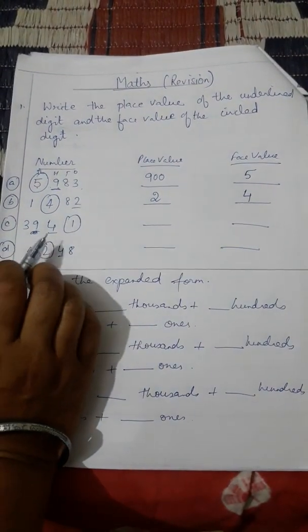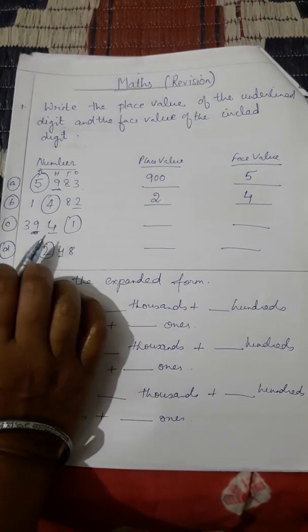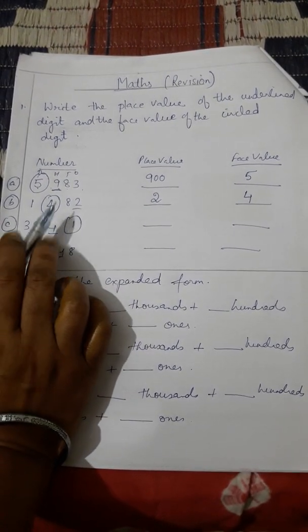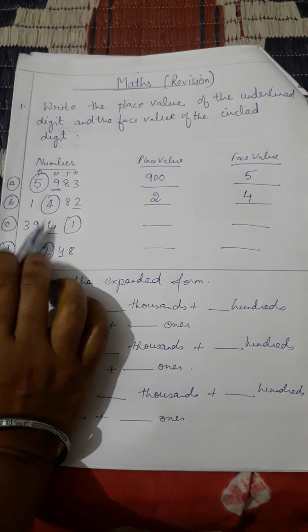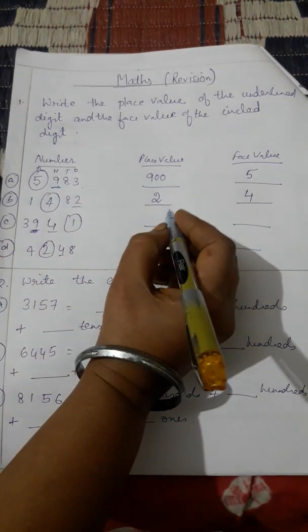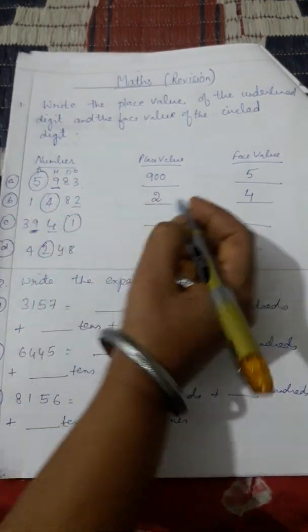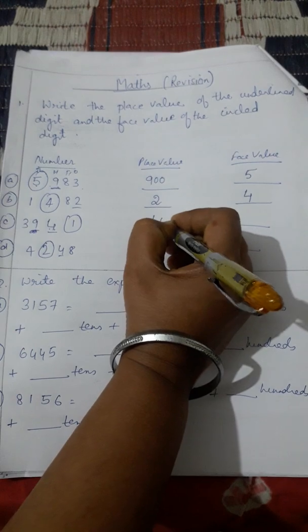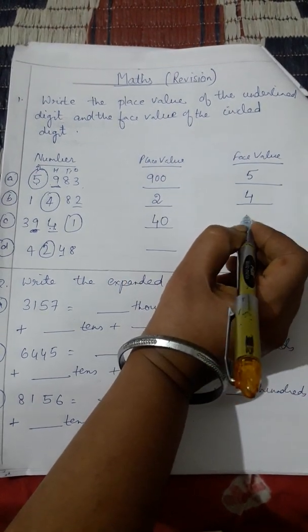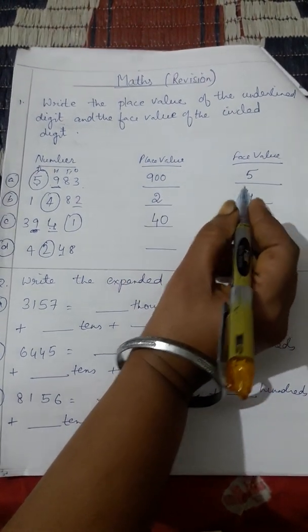Next, 3941. What is the place value of 4? In the place value chart, it is in the tens, so the place value is 40 and the face value is 1.